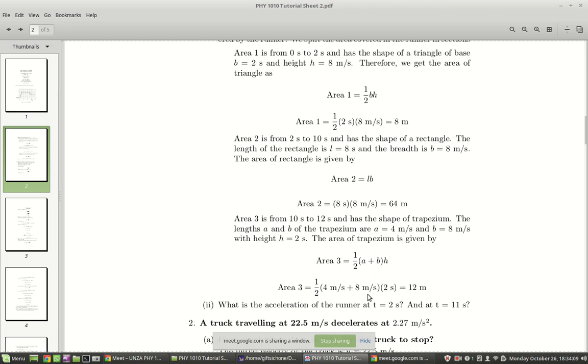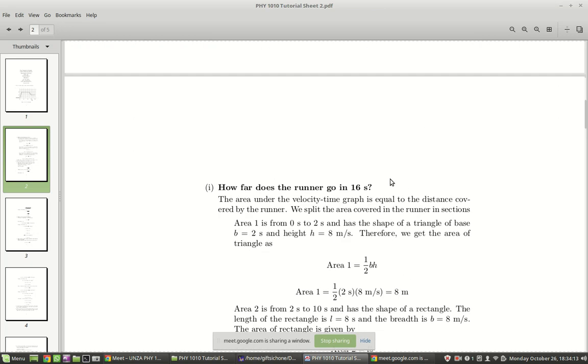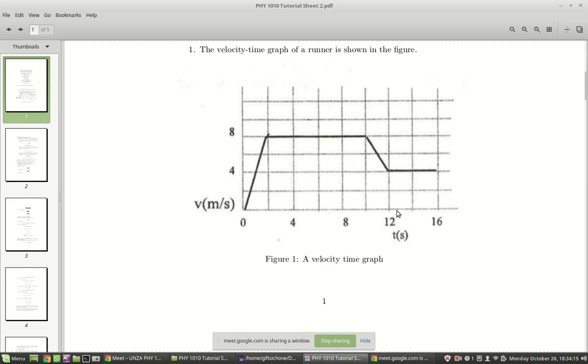Okay, we get 12 meters. The last area we need to work out is the one from 12 to 16. That looks like a square to me.